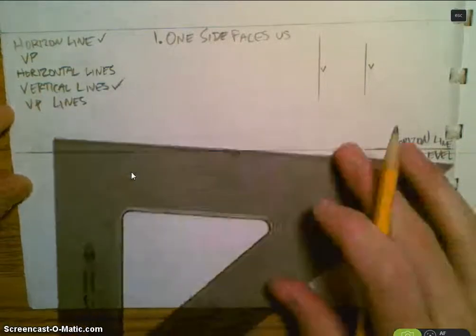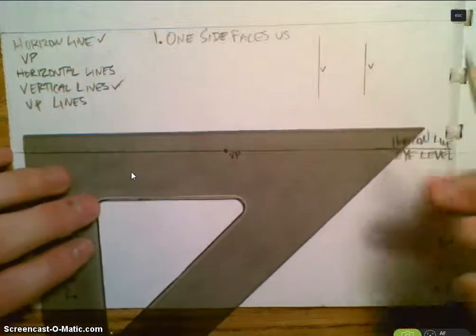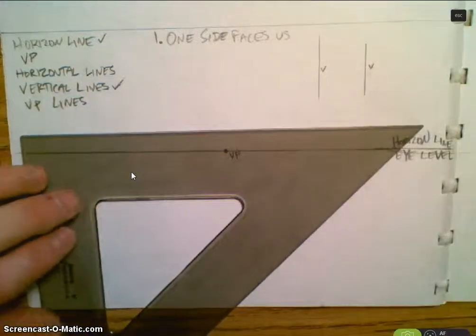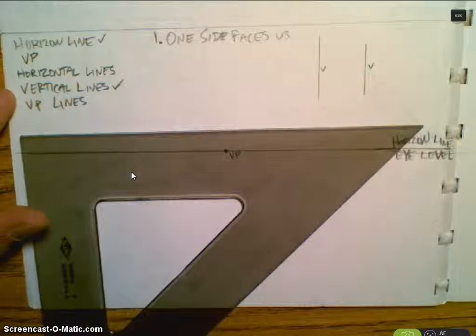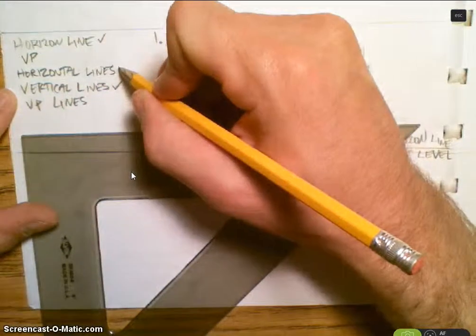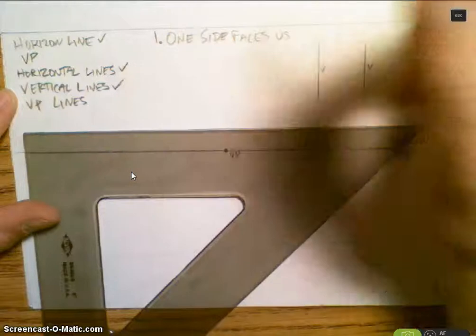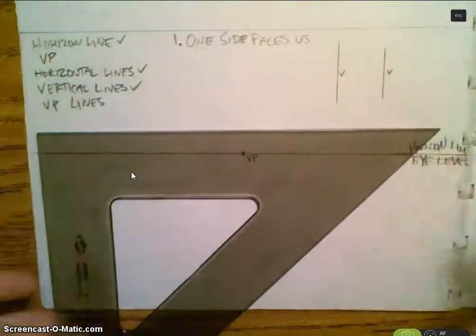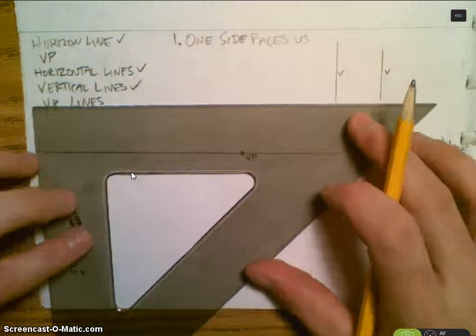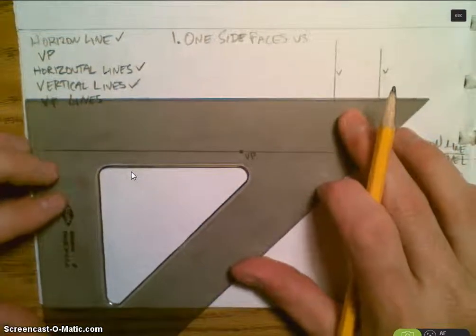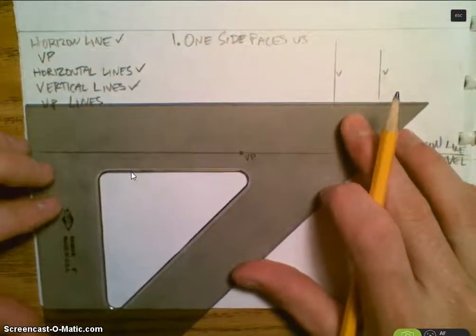Now the next thing that I'm going to do is put the top and the bottom on my box. Okay, and what type of lines are those going to be? What's that? Horizontal. Okay, horizontal. Those are the lines that go side to side. So to get a horizontal line, we're going to do it the same way we did our horizon. I'm going to line it up with the side of my paper and the bottom edge of those lines.